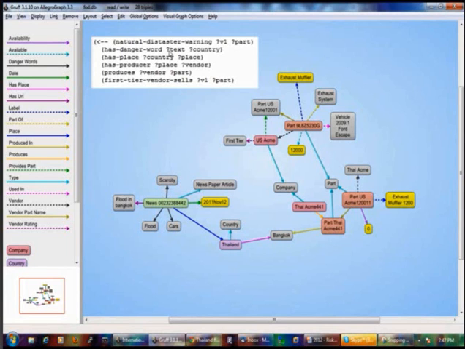And so we could write a rule that says, well, give a natural disaster warning for a particular vendor and part if anywhere in the world there is a text for a particular country, where there's a danger word like political unrest or a storm or an earthquake.